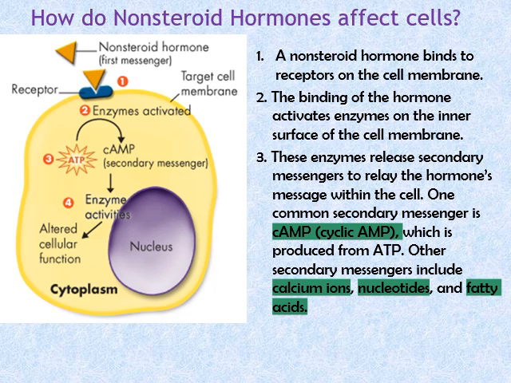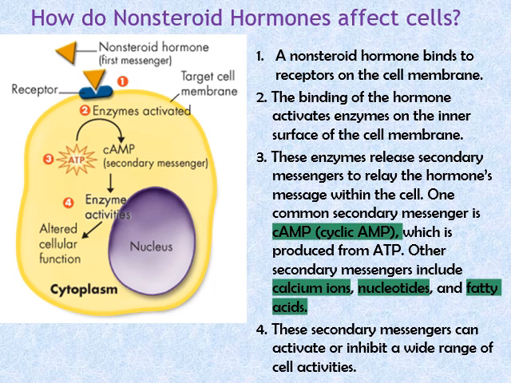These enzymes release secondary messengers to pass the hormone's message within the cell. One common secondary messenger is cyclic adenosine monophosphate, cyclic AMP, which is produced from ATP. So the enzyme activated here converts ATP into cyclic AMP, which acts as a secondary messenger.